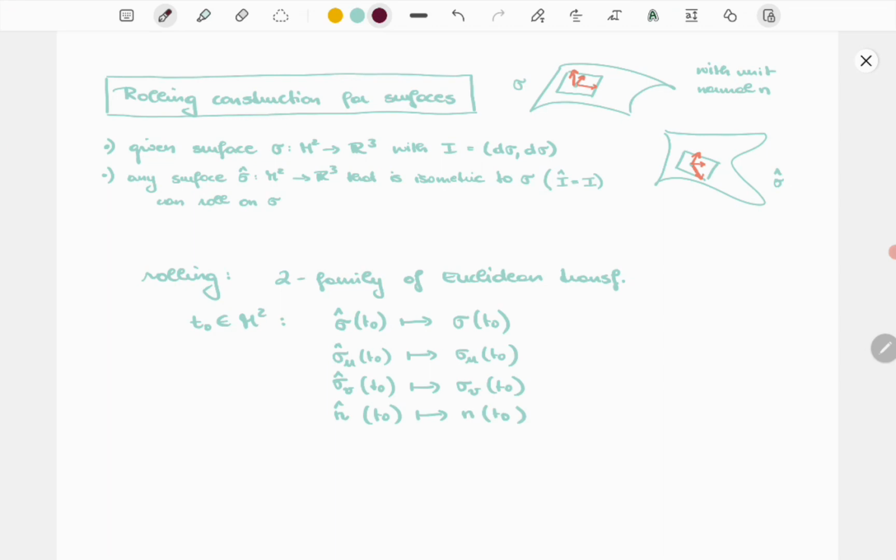And again, from this two-parameter family of Euclidean transformations, we can induce a three-parameter family of surfaces of rolling.